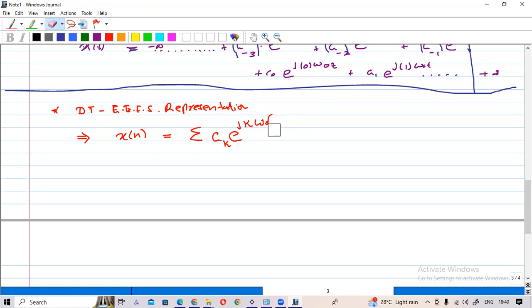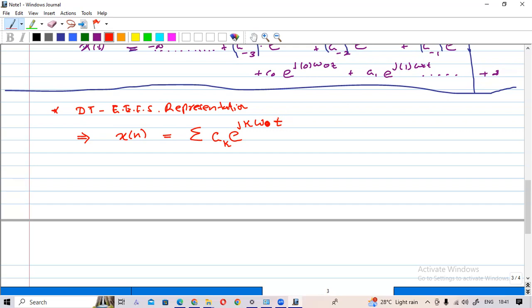If I put T here, it is not correct, because for a discrete time signal we are not using the T variable.